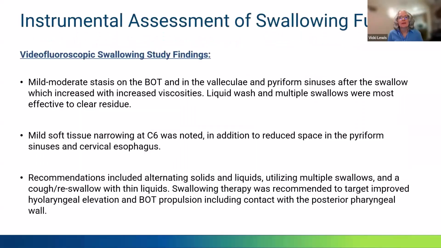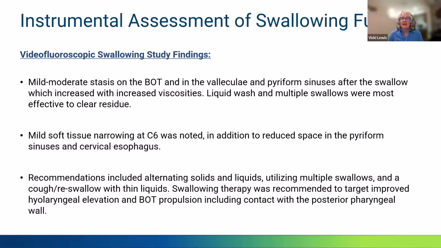Based on his swallowing complaints, we did send him to our trusted hospital for a video fluoroscopic swallow study. Thankfully, nothing too terribly surprising there. Noticed the narrowing at C6 and reduced space in the piriform sinuses and within the cervical esophagus, and also some pharyngeal dysfunction.